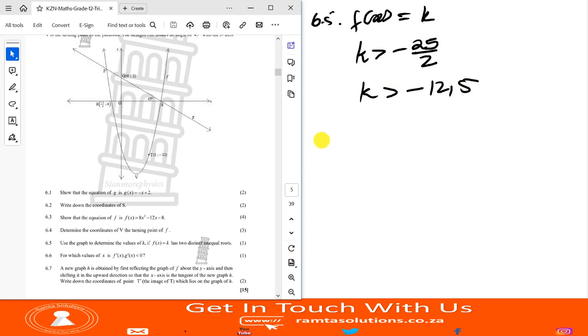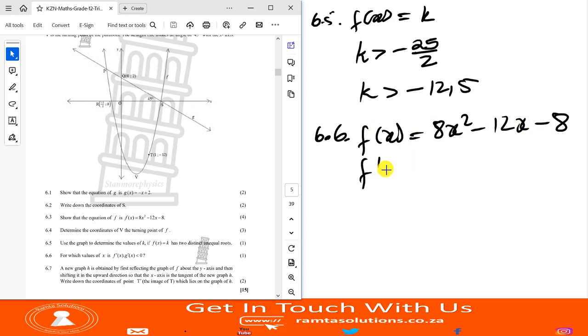So 6.6 says, for which values of x is f prime x times g prime x less than 0. So you need derivatives. Remember, you said f of x is 8x squared minus 12x minus 8. What is its first derivative?